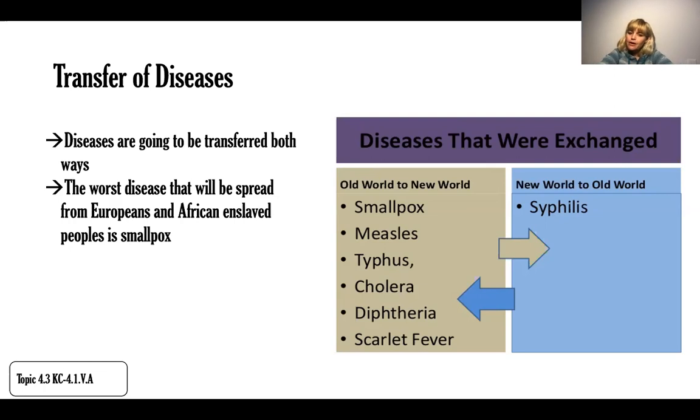But there are people in South and North America who have never had any exposure to smallpox. So the first time they are exposed to it via European conquistadors or African enslaved peoples, they will die. They have no immunity and it will kill them. And this is a very, very sad part of the Columbian Exchange.